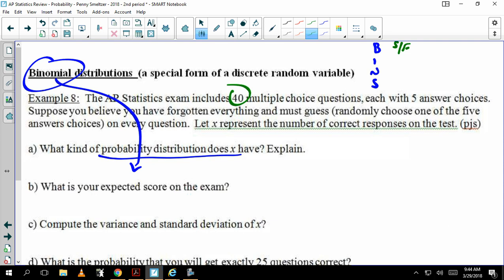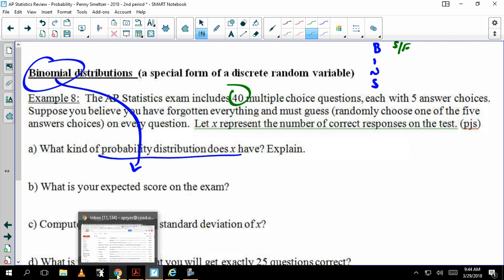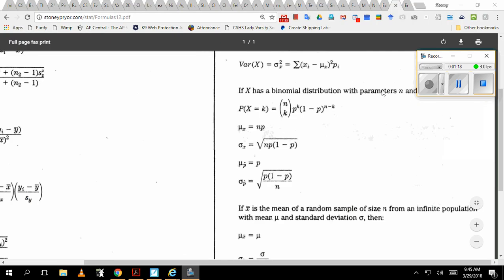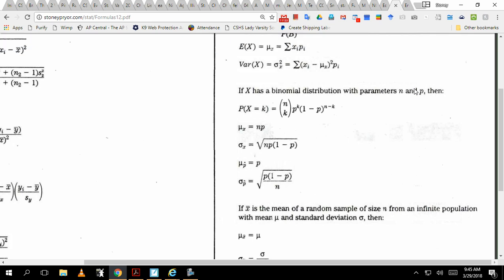So question 2 says, what's your expected score? So how do I find the expected score of a binomial distribution? And you say, I don't have any idea. And so we look at the formula chart. And this part of the formula chart right here says if X has a binomial distribution. Perfect. Exactly what I'm interested in. And here it is right here.